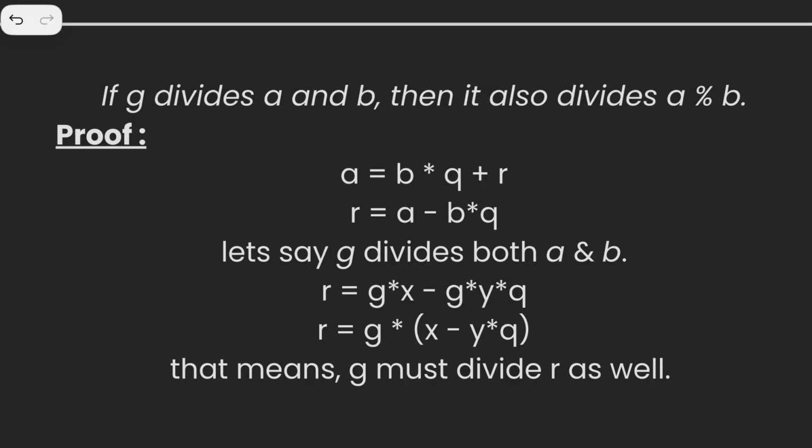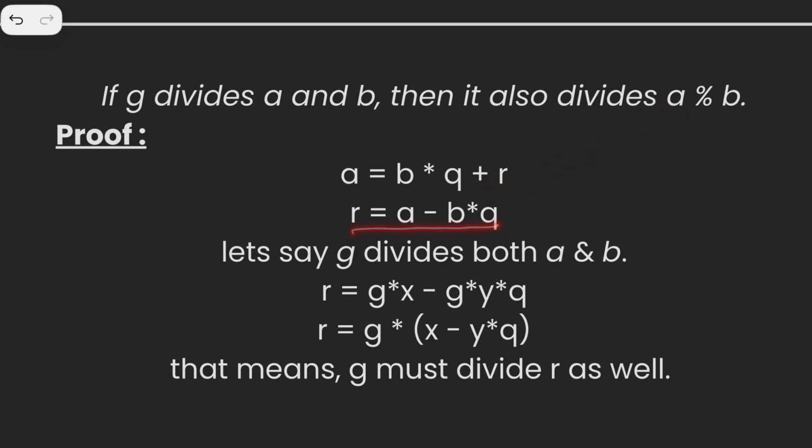Now let's look at the proof. What was our statement? If G divides A and B, then it also divides A mod B. So let's write A in this format, B times Q plus R. Remember, R is ultimately A mod B, that is the remainder.